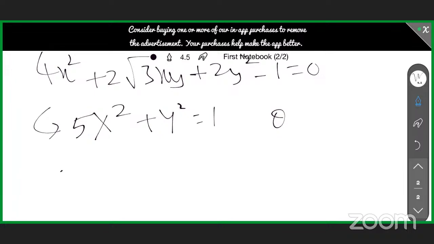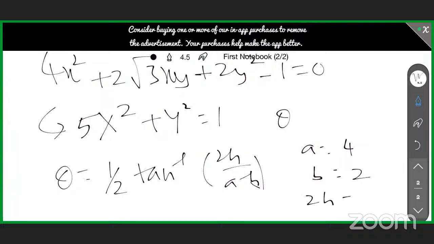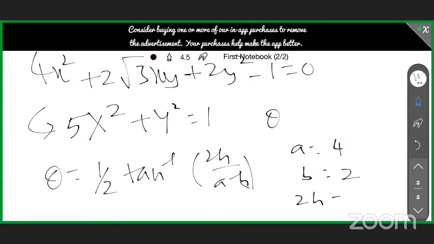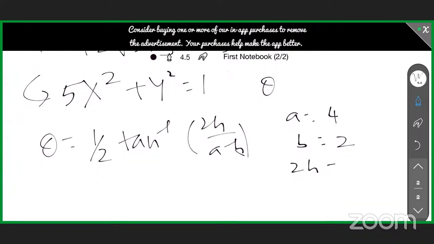Again, theta is equal to 1 by 2 tan inverse of 2h by a minus b. What is my a value? 4. B value is 2. And what is the value of 2h? 2h is equal to 2 root 3.